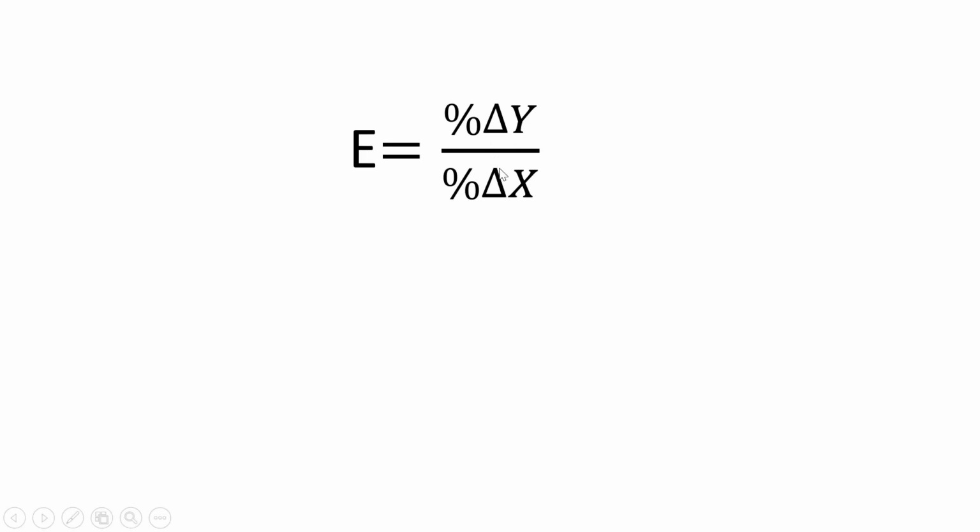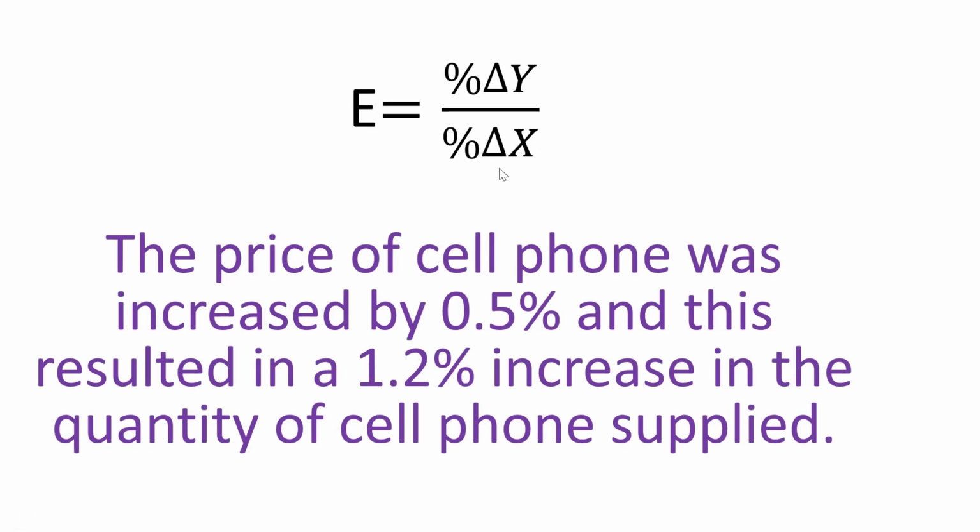Let's take an example. The price of cell phone was increased by 0.5%, and this resulted in a 1.2% increase in the quantity of cell phones supplied. Let's calculate the elasticity of supply in this case.